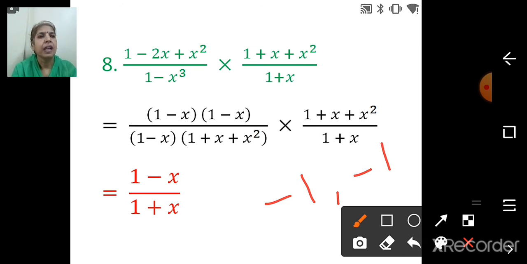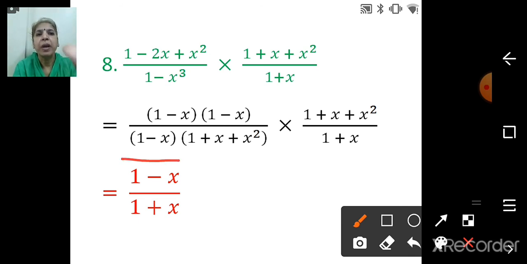So we will be writing it as (1 minus x) the whole bracket multiplied by (1 minus x) upon 1 minus x cube. Now, based on the formula a cube minus b cube, our a term is 1 and b term is x.